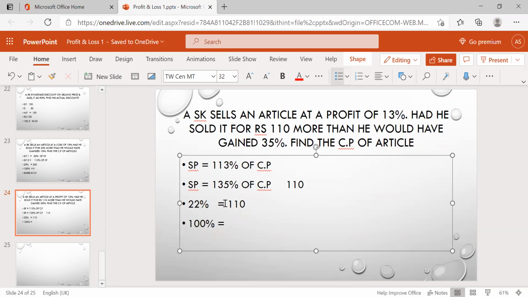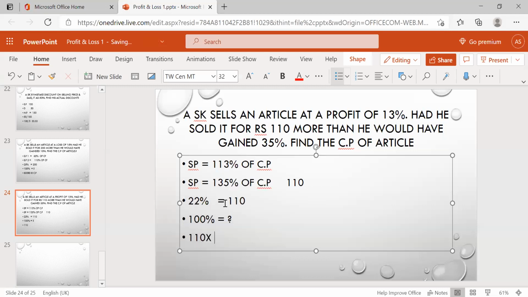Now it is simply cross multiplication. Then what will we get? 110 into 100 by 22.